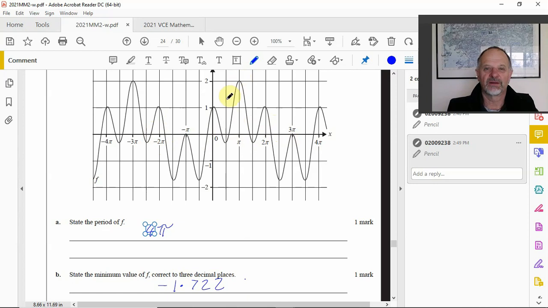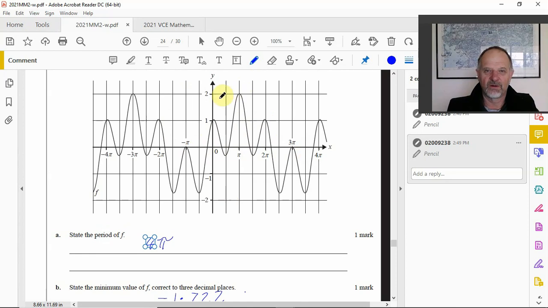So this peak reflects to there, and then we've got to move it to be on the same as there. So taking this peak, go on a reflection over to here, and then we've got to move it back to there.